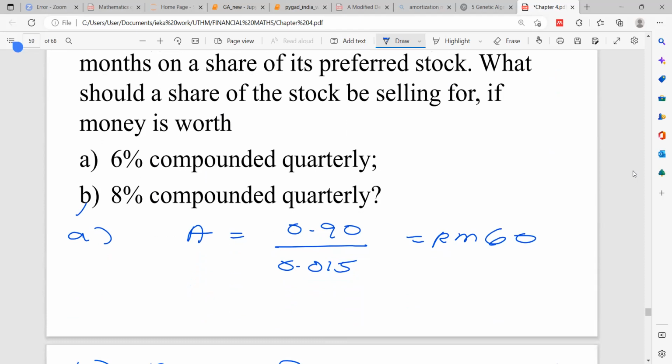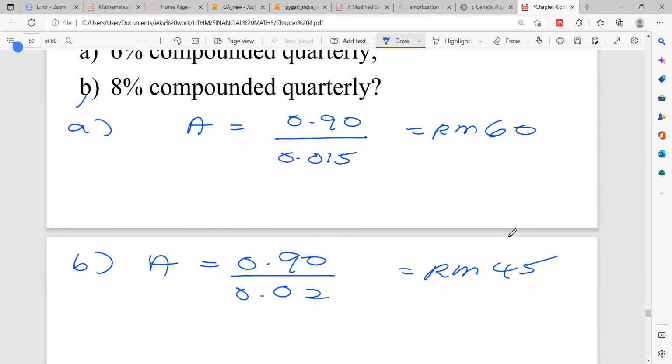So we need to find our A. The first one is 0.9 divided by 0.015. Mana kita dapat 0.015 tu? Itu daripada 6%, compounded quarterly, you need to divide by 4. Then we get 60 ringgit. And then the second one, 90 cent divided by 0.02, so we get 45 ringgit.